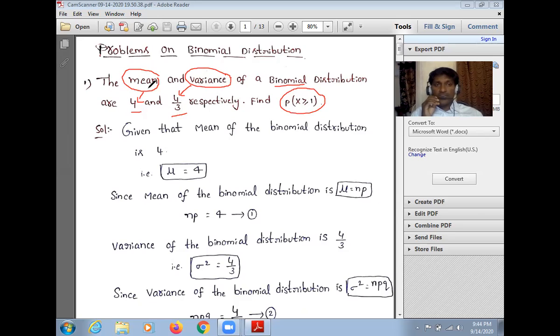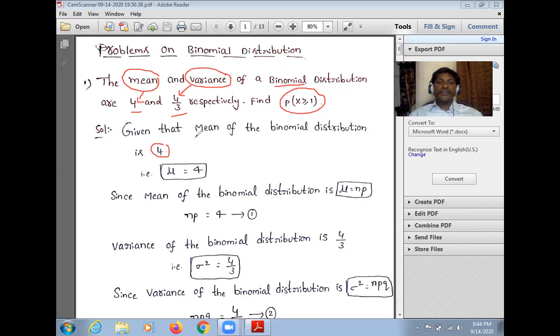So this is the given information we need to know, and after that we see which one we have to calculate. Mean is equal to 4 and variance is equal to 4 by 3, and we have to find P(X ≥ 1). First we write the given information. Given that the mean of the binomial distribution is 4.